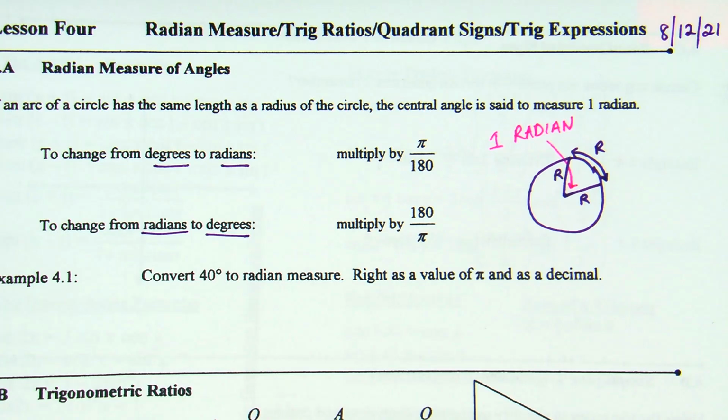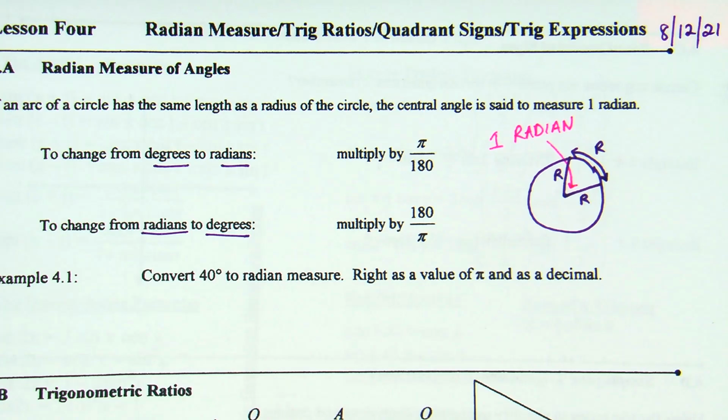Okay, example 1. So how do we convert 40 degrees to radians? You can also just think of it as 40 pi over 180.